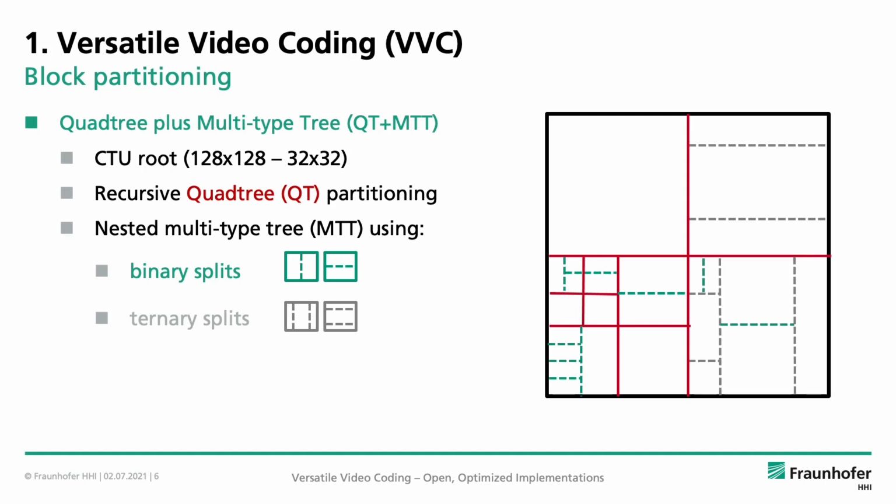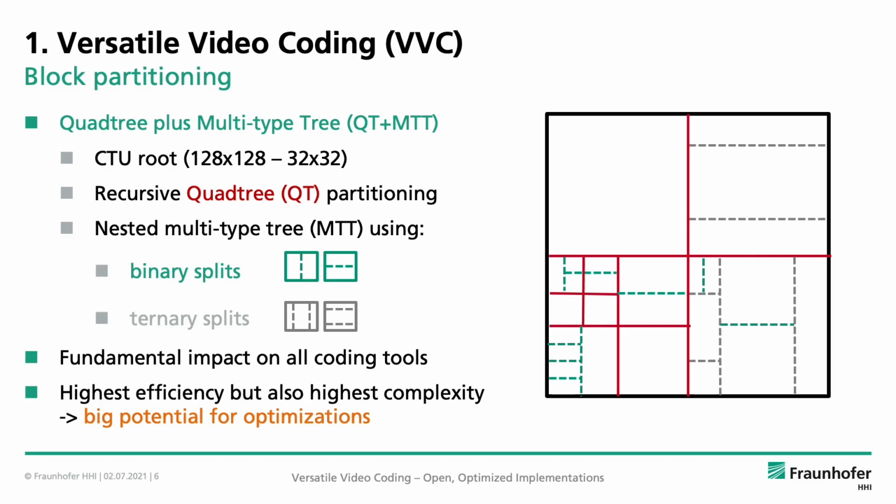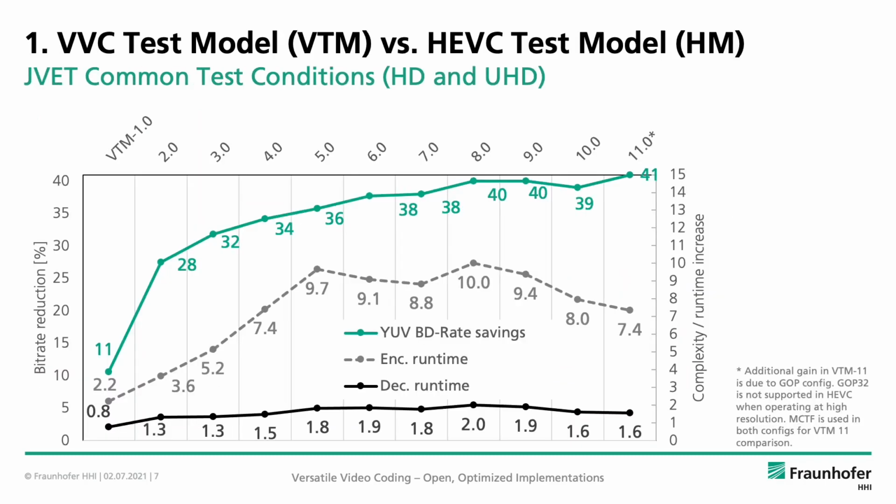And then it's recursive, so you can further split it again using binary and ternary splits. So the block partitioning has fundamental impact on all coding tools in a video coding standard. This particular very flexible block partitioning QT-MTT in VVC has the highest efficiency of all coding tools, but also the highest complexity. So there's a big potential for optimizations.